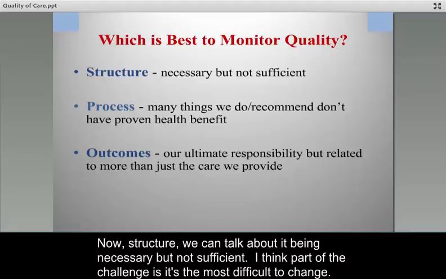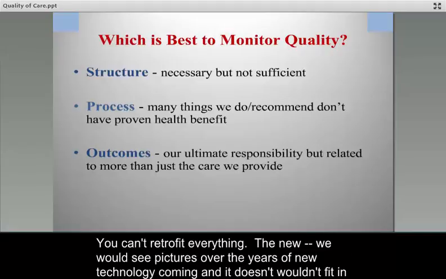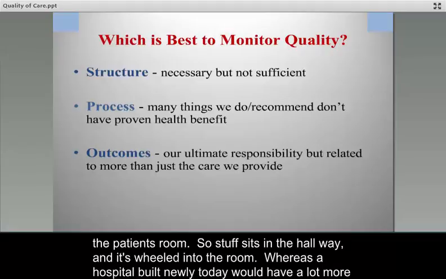So we have these three. Now, structure: here we could talk about it being necessary but not sufficient. I think part of the challenge is it's the most difficult to change. You can't retrofit everything. We would see pictures over the years of new technology coming, and it doesn't fit in the patient room, so stuff sits in the hallway and is wheeled into the room.